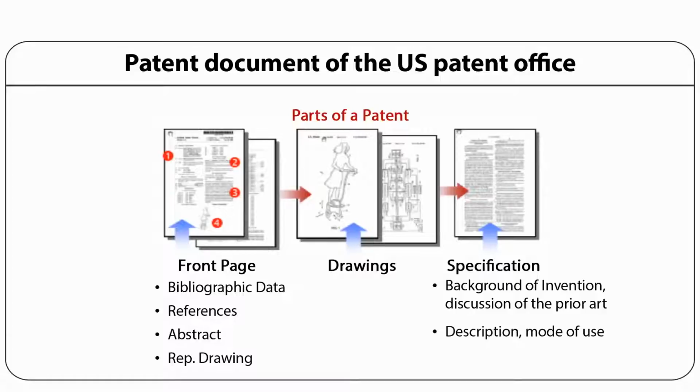It is legal because it talks of the claims, and these claims are what is really protected by the patent office if they find that the patent satisfies the elements of novelty, inventiveness, and utility.